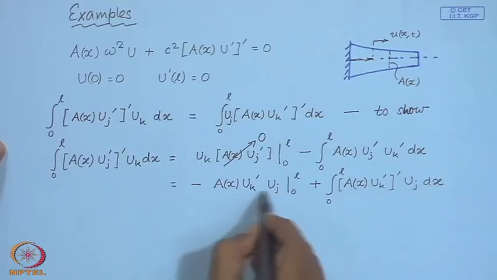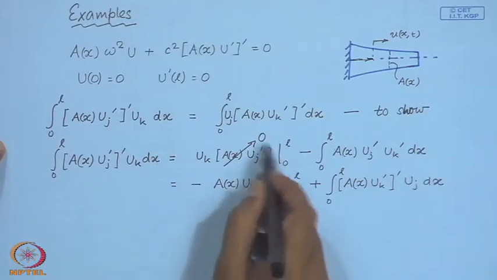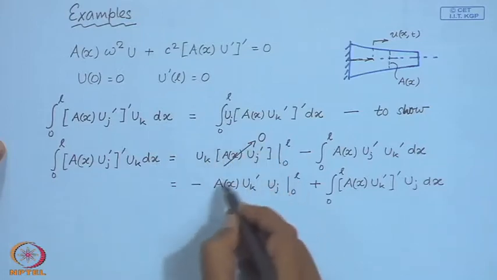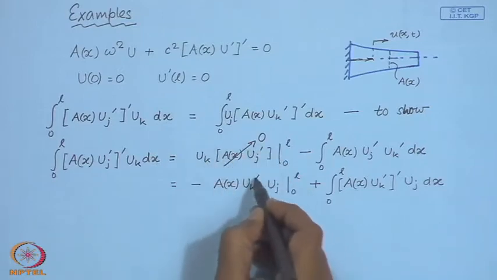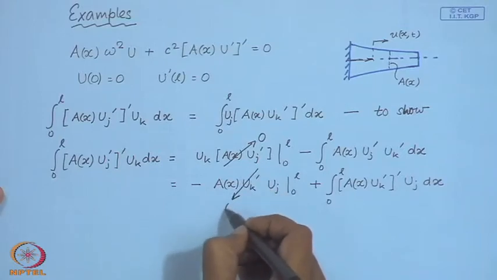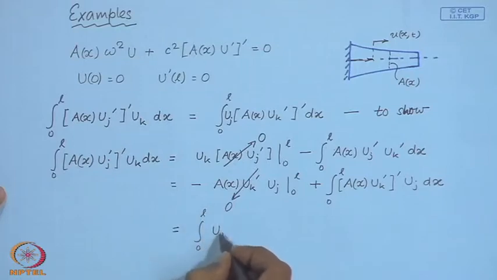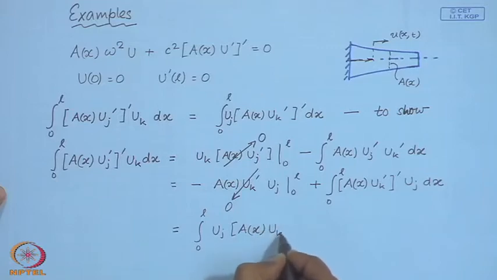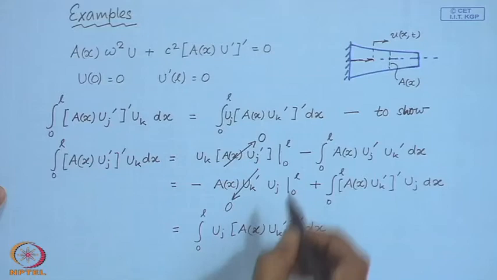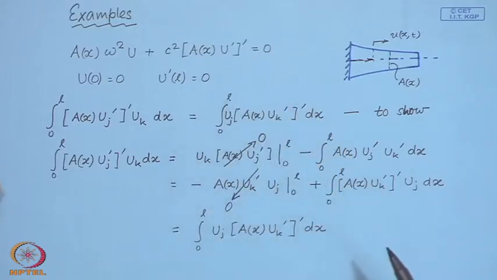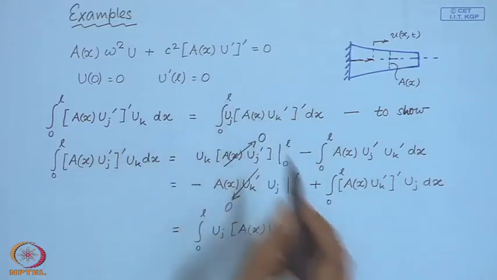Now, with the same reasoning as we had here, these boundary terms must also vanish. So, we are left with which is nothing but the right hand side of this equation.